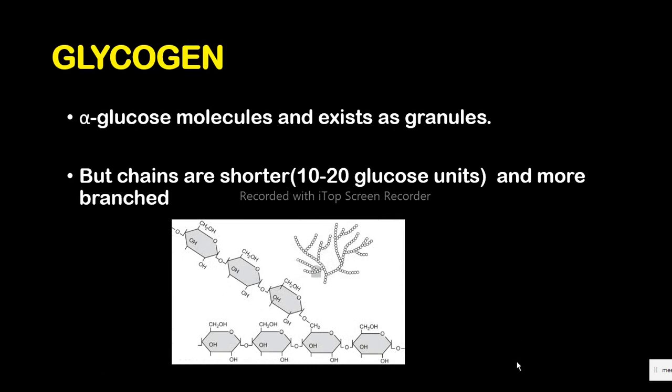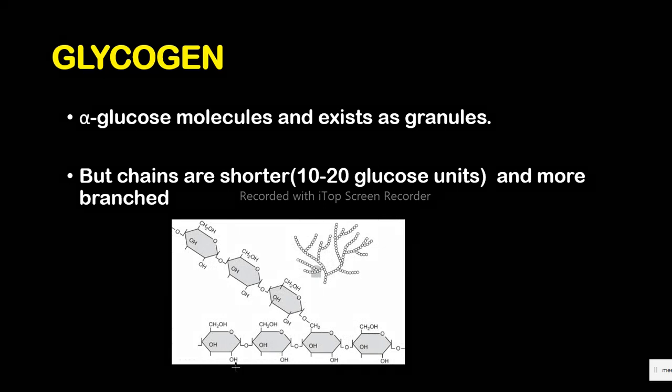You have a normal chain of alpha glucose molecules. You can see, if this is the alpha glucose, here you have one glycosidic bond, another glycosidic bond, another glycosidic bond, to form one chain. But within glycogen, you then have branching.